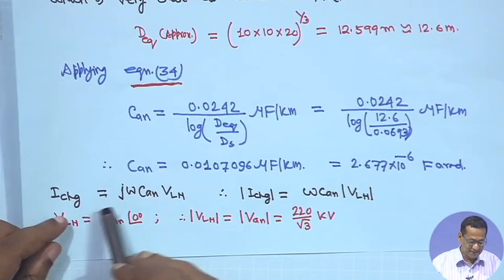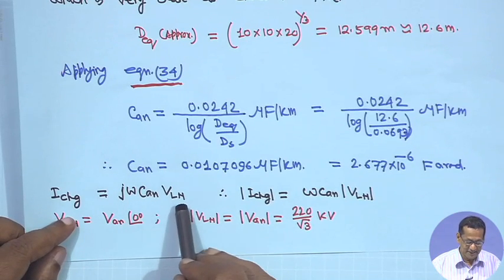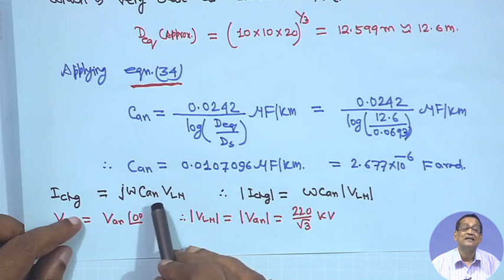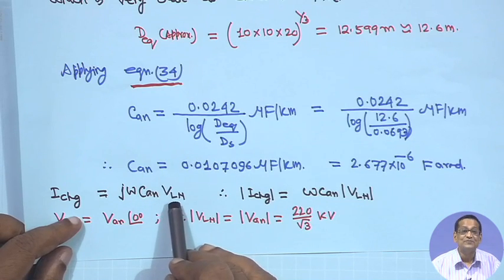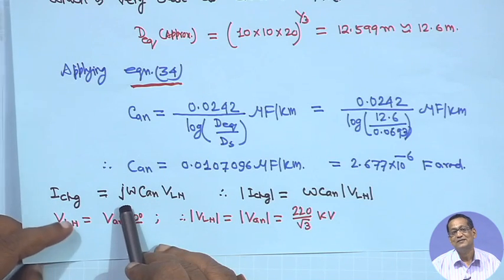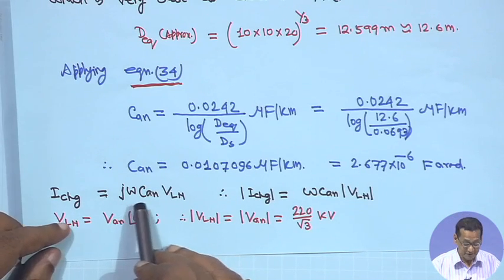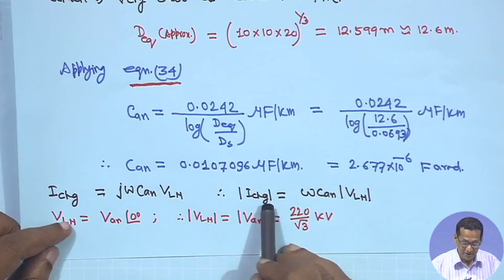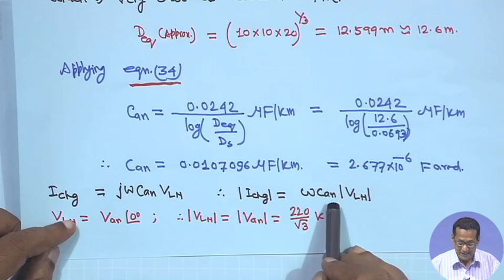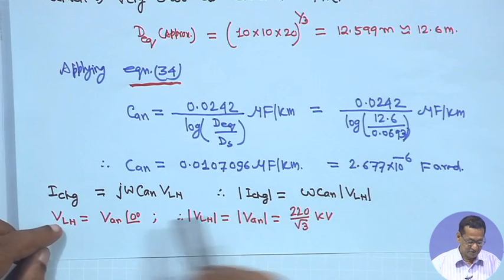Now, charging current I is equal to j omega Cn into V line to neutral voltage, because you are taking Can, that line to neutral capacitance, right. The capacitance generally injects leading current. So, j omega Can VLN. So the magnitude of I charging is equal to omega Can V line to neutral; j will not be there because it is magnitude.